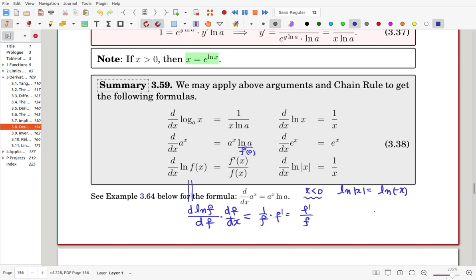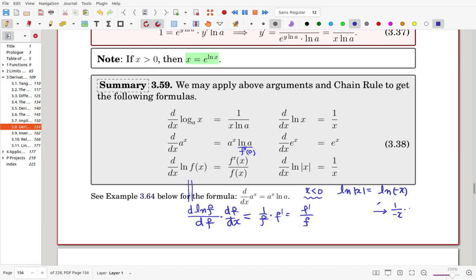Okay. If we differentiate it, first we consider the variable minus x, so we differentiate this with respect to minus x, and that will be 1 over minus x.